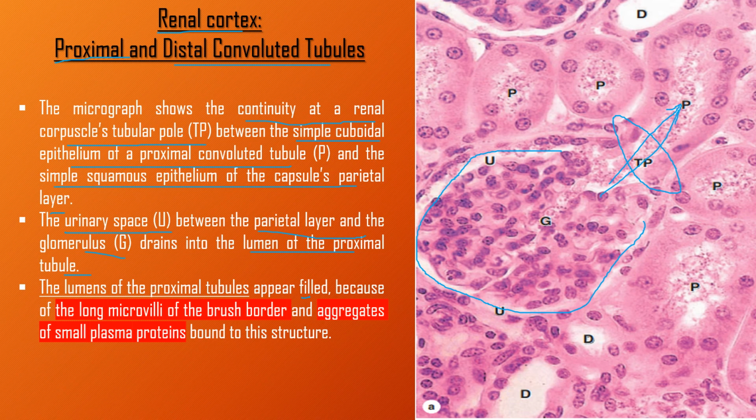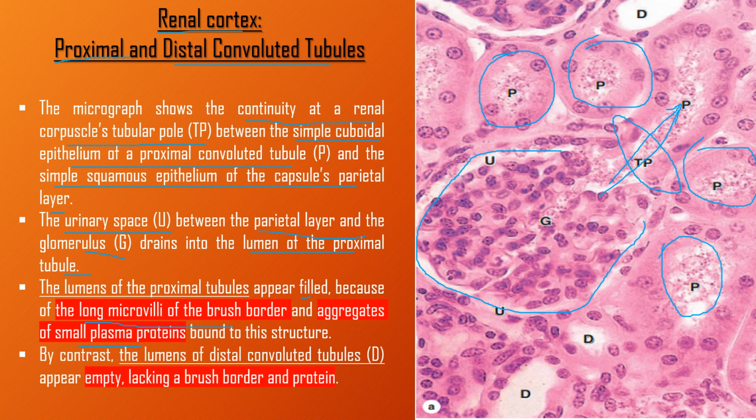As you can see, this is the proximal convoluted tubule, and it appears filled because of the long microvilli of the brush border and the aggregated small plasma proteins. That's why you can identify it from the DCT.